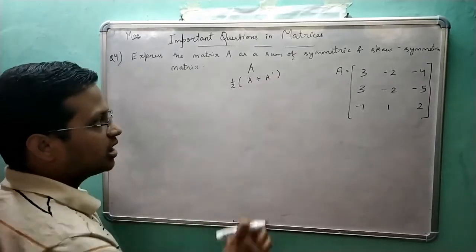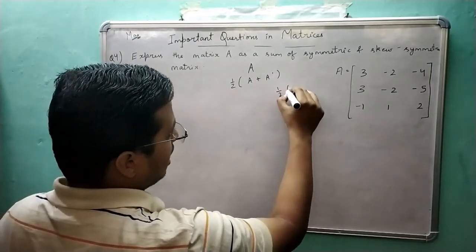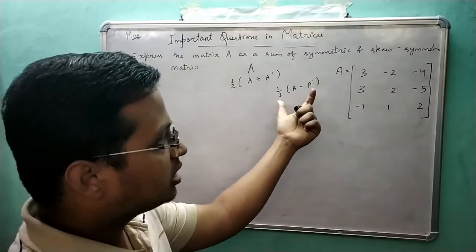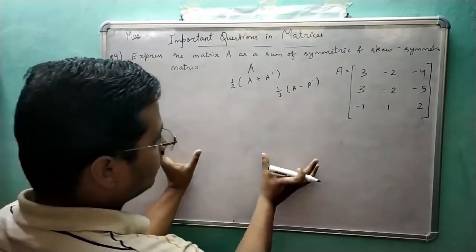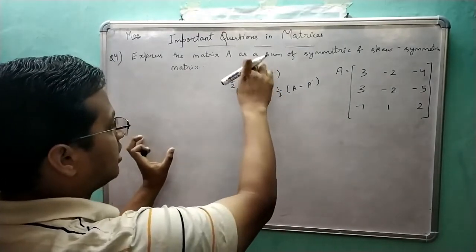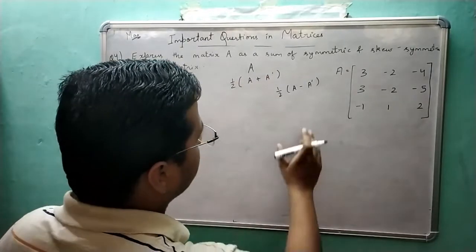Whatever matrix we will get here will be a symmetric matrix, and we have to find half of (A minus A transpose). Whatever one we will get here will be a skew symmetric matrix. Then adding both of them, we can get A, so we will be able to express A as the sum of a symmetric and a skew symmetric matrix.